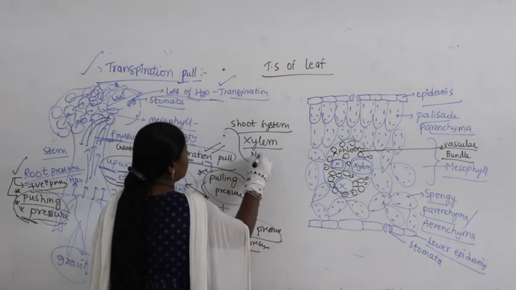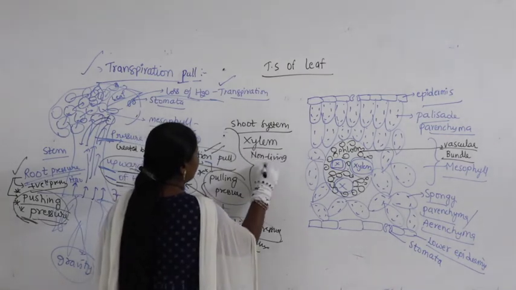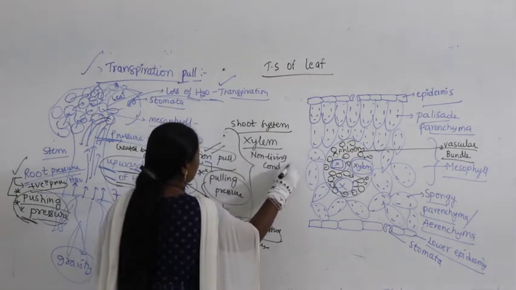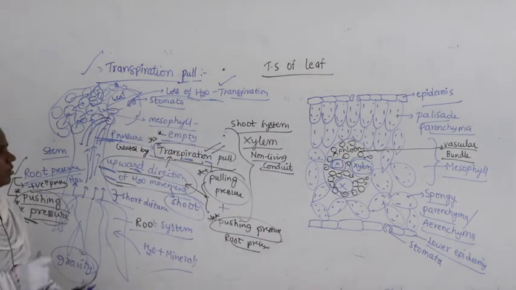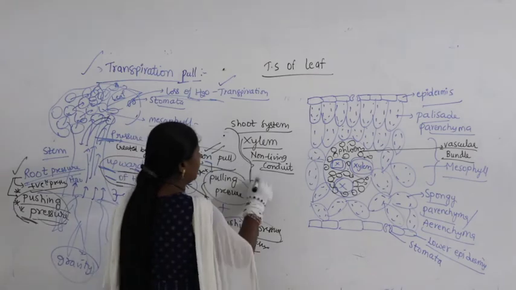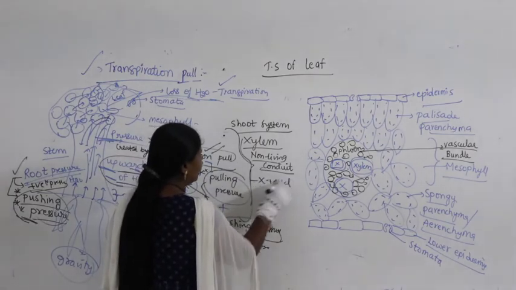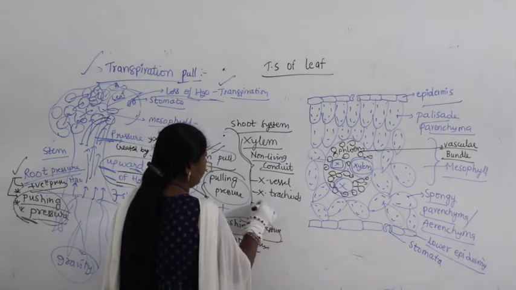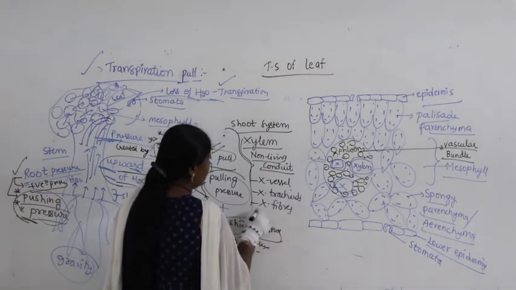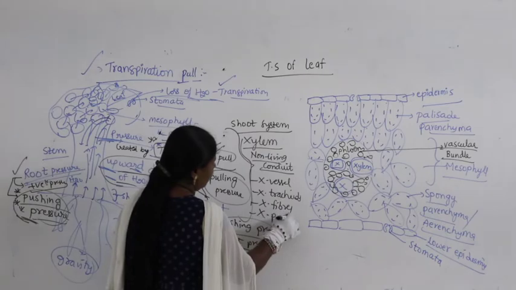Xylem. Xylem is called a non-living conduit, because all the components of xylem are non-living. What are they? You know it very well: xylem vessels, xylem tracheids, xylem fibers and xylem parenchyma.